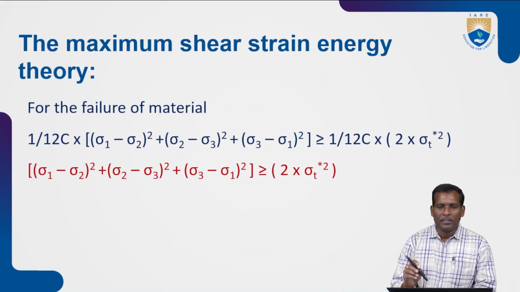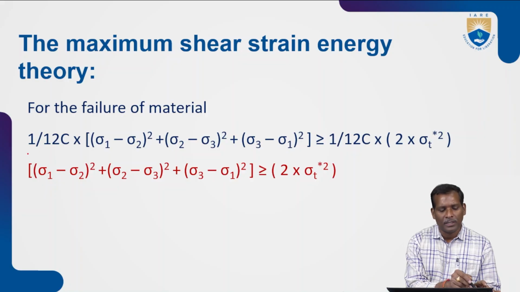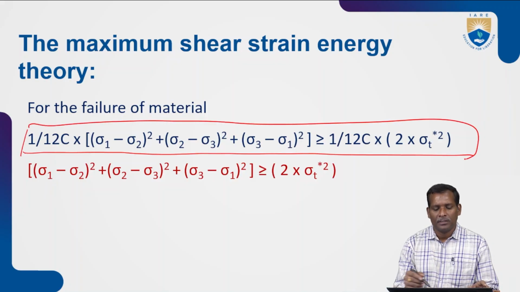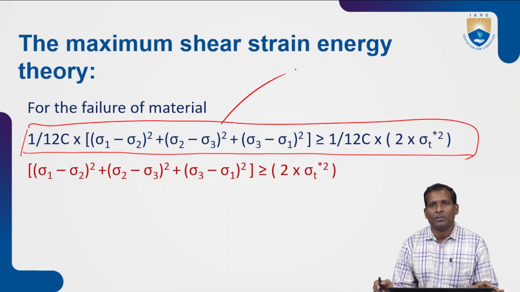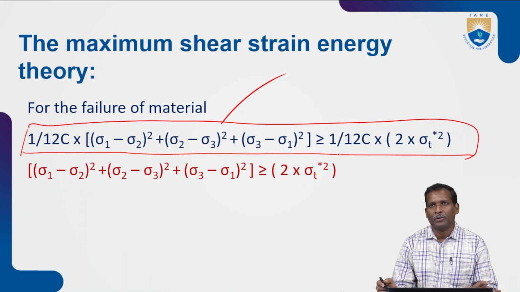So for the maximum strain energy theory of failure, the condition is 1 by 12C into sigma 1 minus sigma 2 whole square plus sigma 2 minus sigma 3 whole square plus sigma 3 minus sigma 1 whole square is greater than or equal to 1 by 12C into 2 sigma t square.